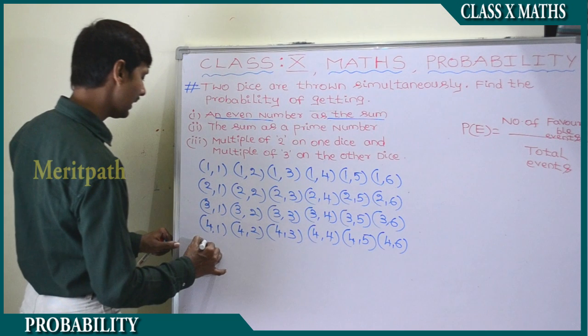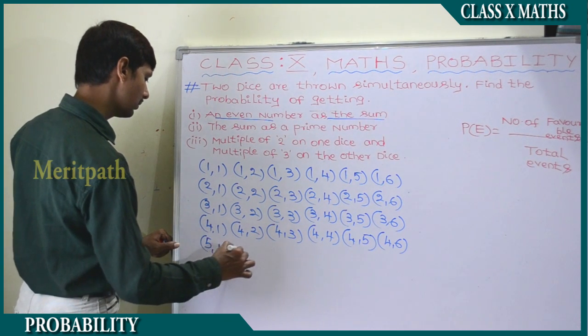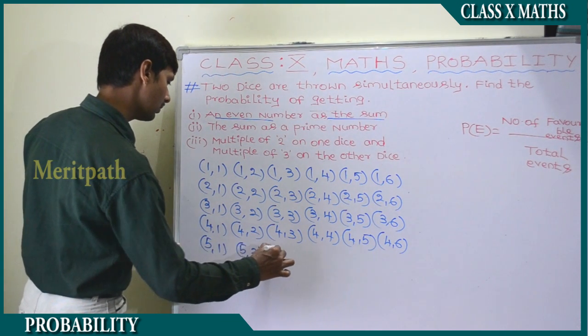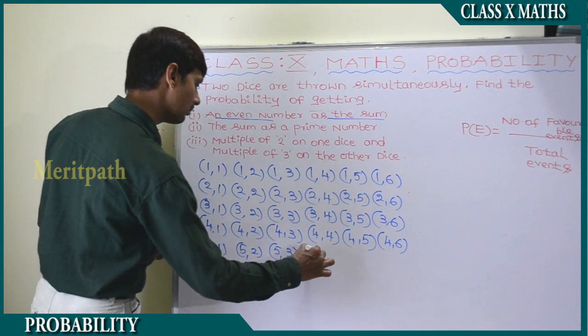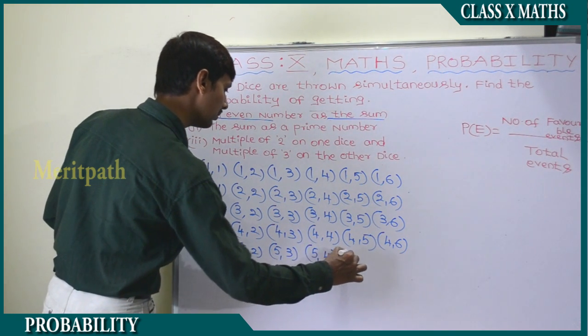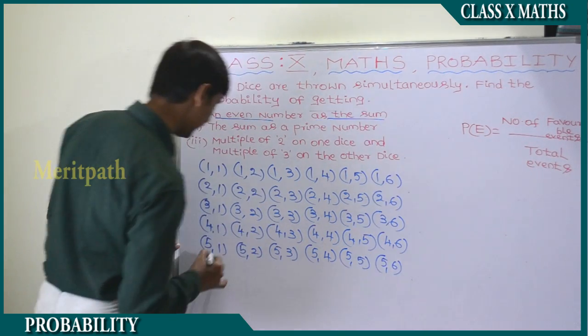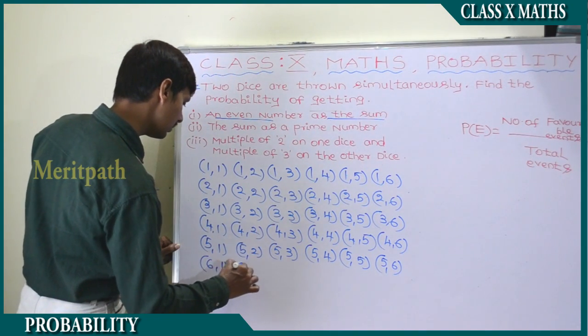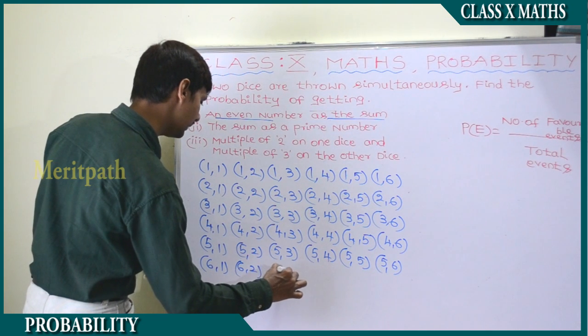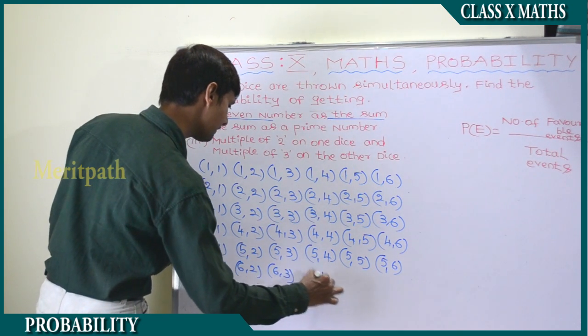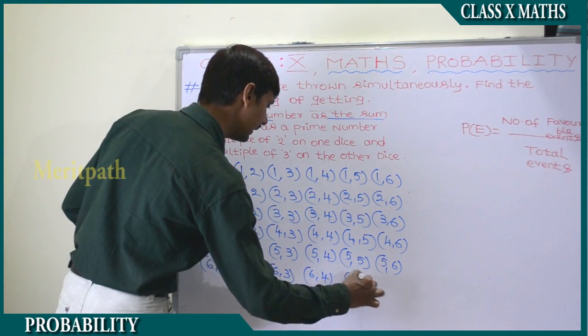It's completed. And 5, 1, 5, 2, 5, 3, 5, 4, 5, 5, and 5, 6. And 6, 1, 6, 2, 6, 3, 6, 4, 6, 5, and 6, 6.